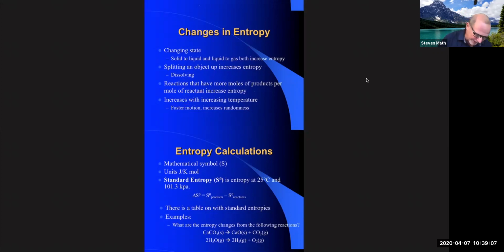So if we thought about delta S down here, we could explain this in terms of delta S of a solid is less than delta S of a liquid, which is less than delta S of an aqueous system where we dissolved something, which is less than delta S of a gas.